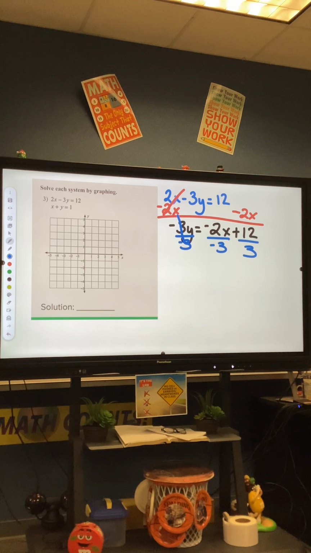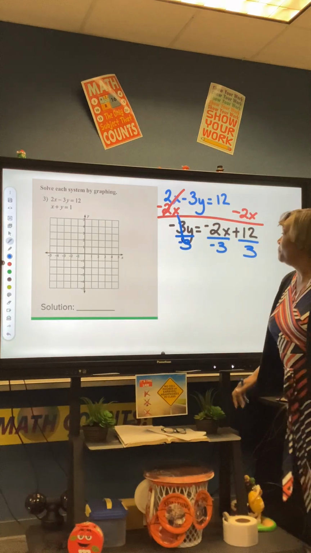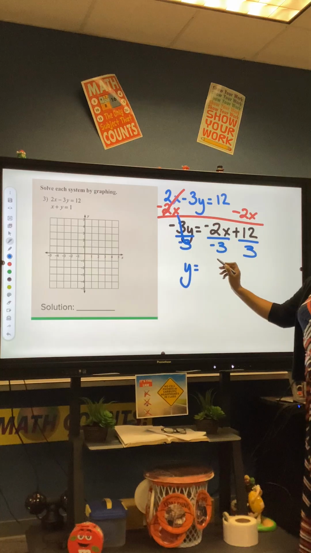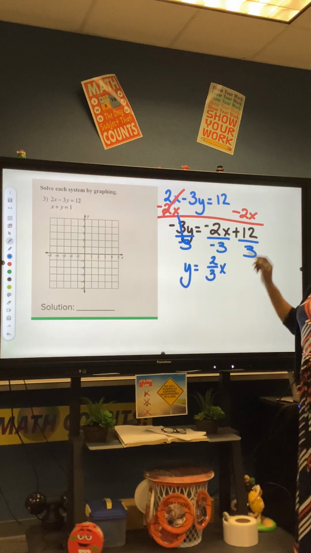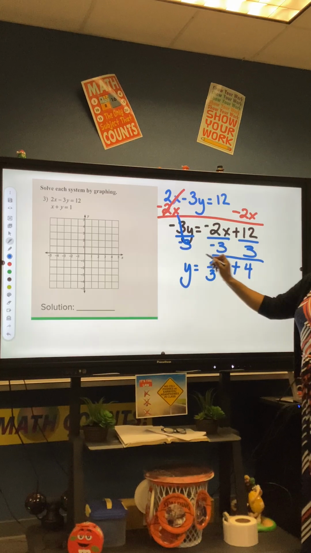You can take that handy dandy calculator if you like and make those fractions. And y is going to be equal to a negative divided by a negative is a positive 2/3 x. 12 divided by 3 is a quotient of 4.